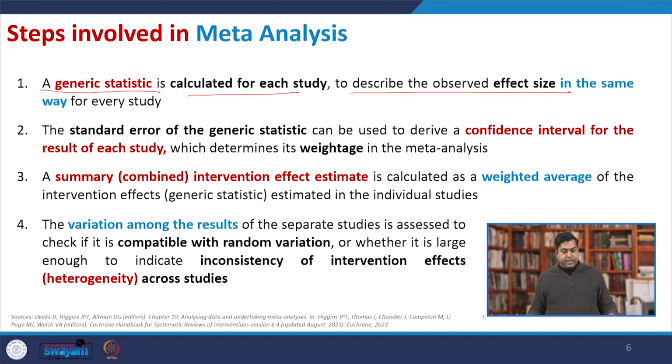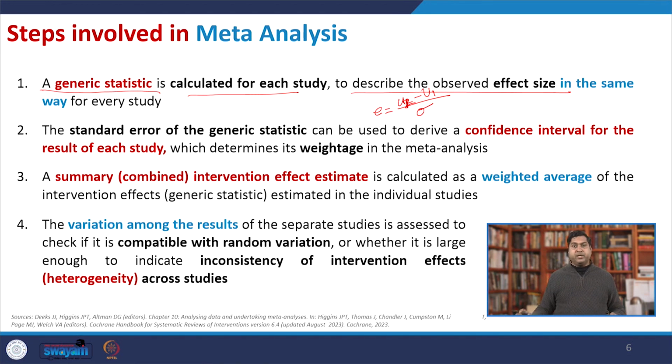Next, the standard error of the generic statistics. Whatever statistics we are going to measure, say the effect size, many times we calculate the effect size as the difference between two mean values divided by the standard deviation.